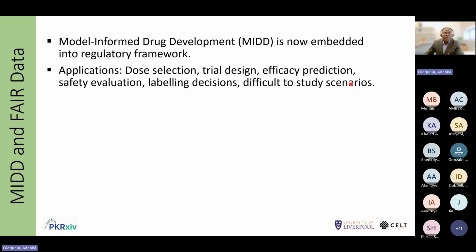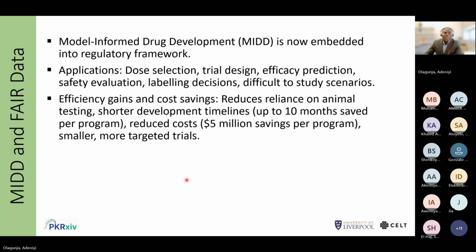And these are some examples of potential applications of MIDD in the process of drug development. And there is a lot of benefit. It reduces reliance on animal models. If you follow recent news, you notice some of the major funders and drug regulatory agencies in the US are already taking steps towards reducing animal use in research.